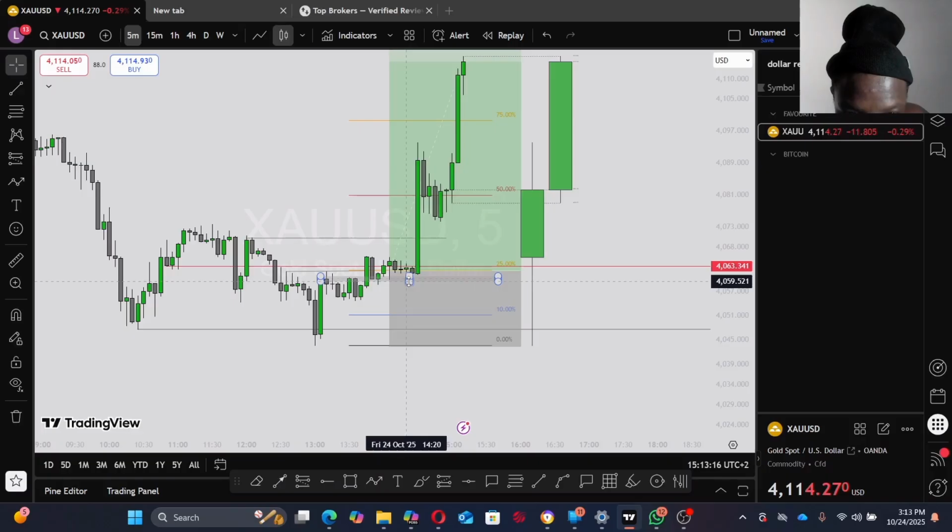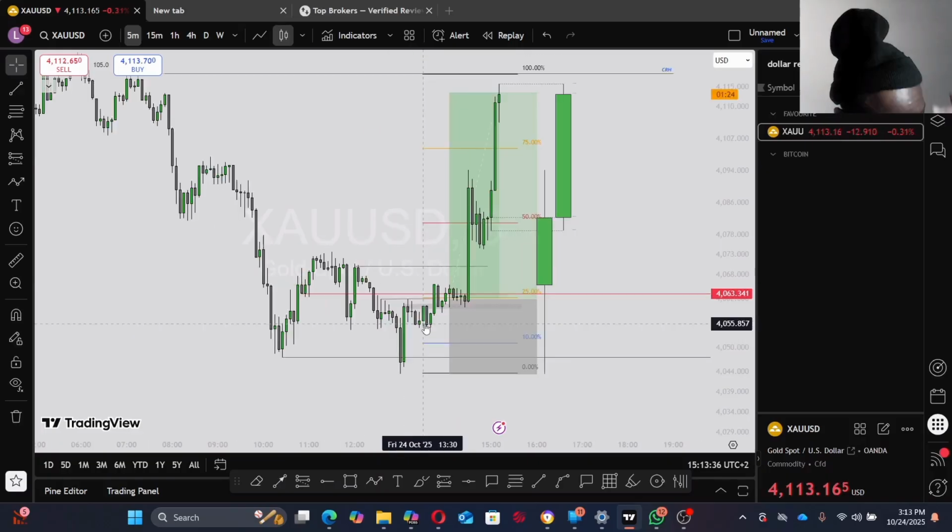If you don't know that, it's something I've been emphasizing since part one of this series. You should check out part one and part two, and you will know how I trade. So yeah, this is a beautiful trade.